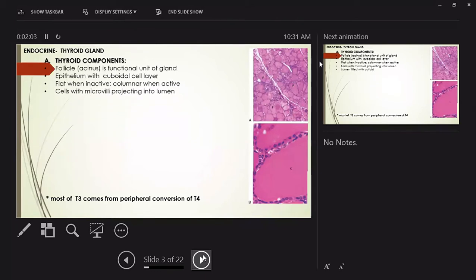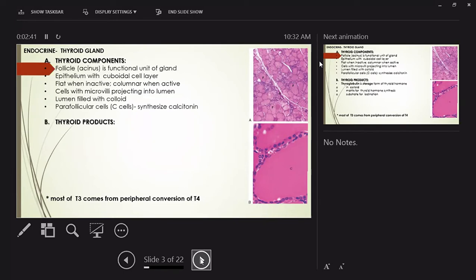Then the cells with microvilli project into the lumen. And then there are parafollicular cells, C cells, inside the thyroid. And these C cells synthesize calcitonin. So the center of the acinus is filled with colloid.